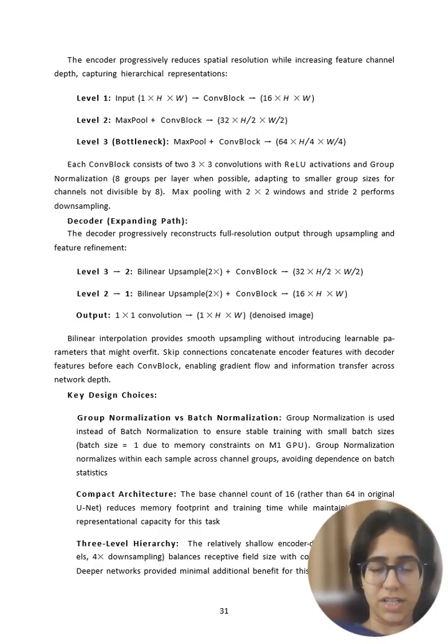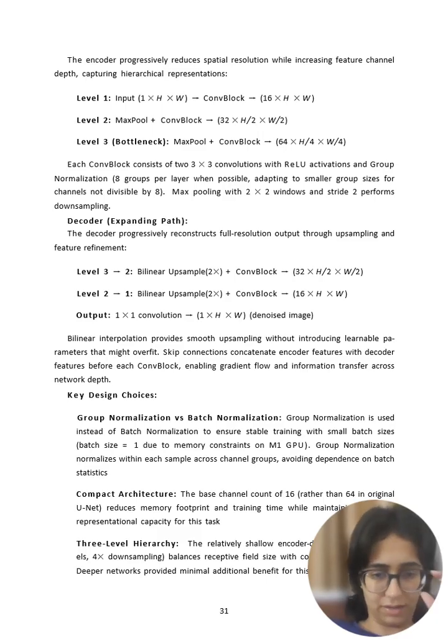H and W are decreasing, so it is the contracting part, and the decoder is the expanding part. It is also known as upsampling, and the encoder is known as downsampling. So in level 3 of the decoder, it is 32 cross H by 2 cross W by 2, which converts to 16 cross H cross W, and the output is a 1 cross H cross W denoised image.